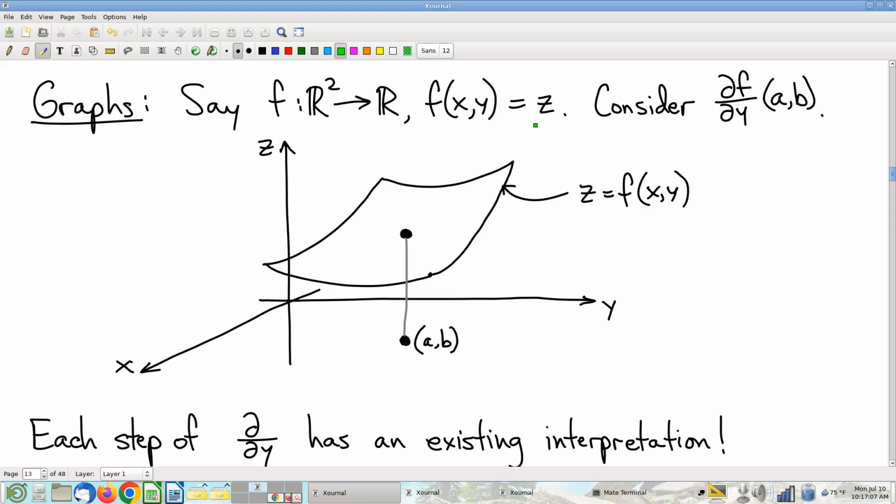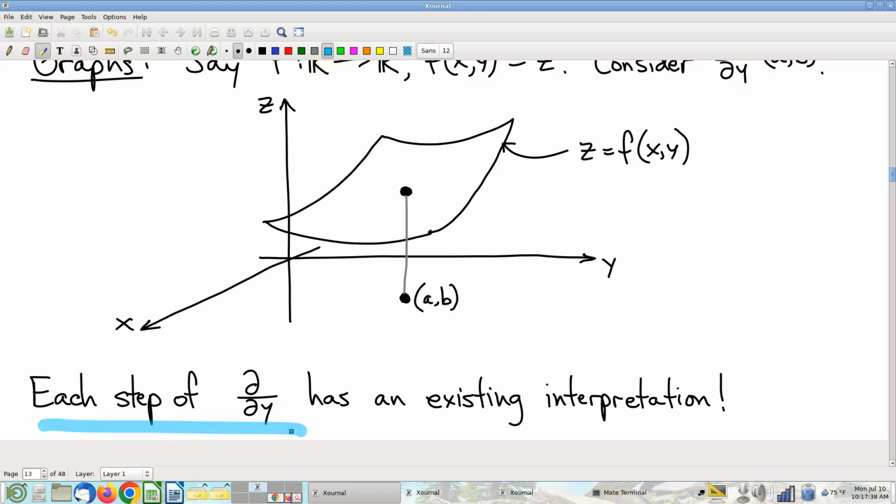And that said, this function whose graph I'm looking at, so this function f, that's a function, and I want to ask, what does the y partial look like on this picture? What in this picture geometrically is representing that y partial? So, good news.